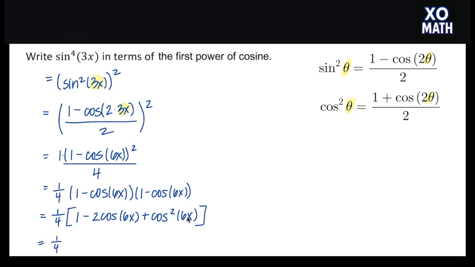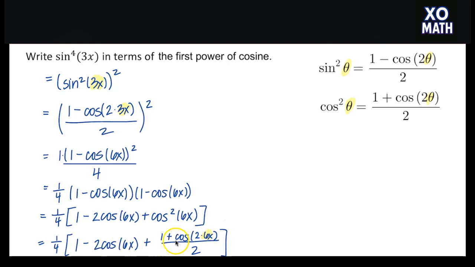So I'm going to have 1/4, all these other pieces, times the quantity 1 minus 2 cosine of 6x, and then plus, now this is going to become 1 plus cosine of 2 times 6x all over 2. So we replaced our theta in the formula with a 6x this time. Okay, so now we do have an expression that's entirely in terms of cosine raised to the first power.